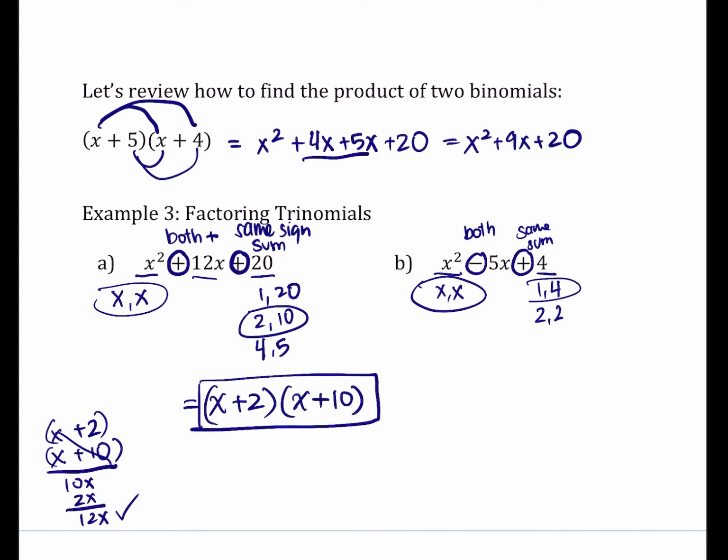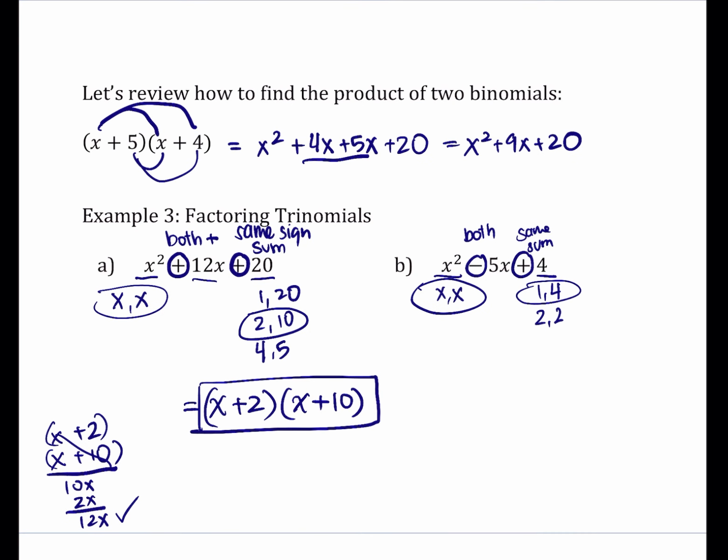I know it's going to be 1 and 4. So it's actually going to be x plus 4 times x plus 1. And if you want to absolutely double check your work, just FOIL them and then you should get the original expression.